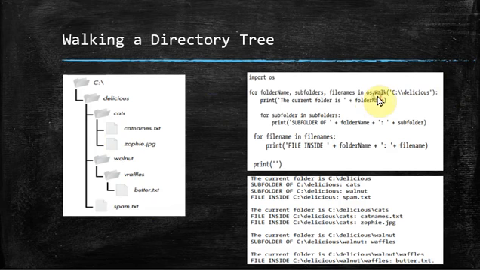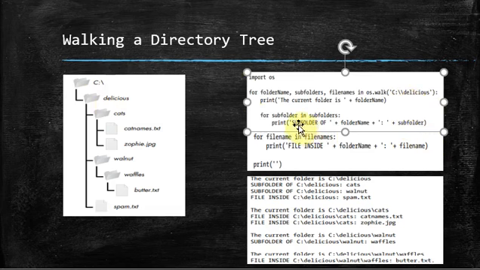In this example program, for the os.walk function we are passing a single string value, which is the path of a folder: c colon slash delicious, the path of the folder delicious.